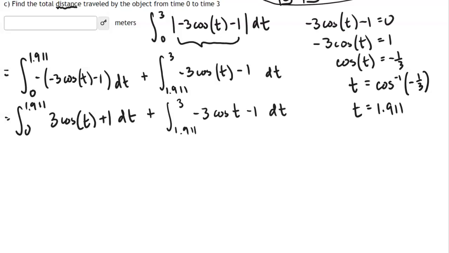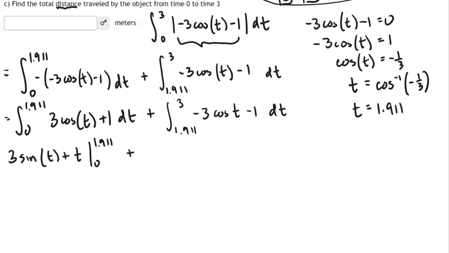Let's just do the left one first. If I take the antiderivative of this, this would be 3 sine of t plus 1t, which is t, going from 0 to 1.911.